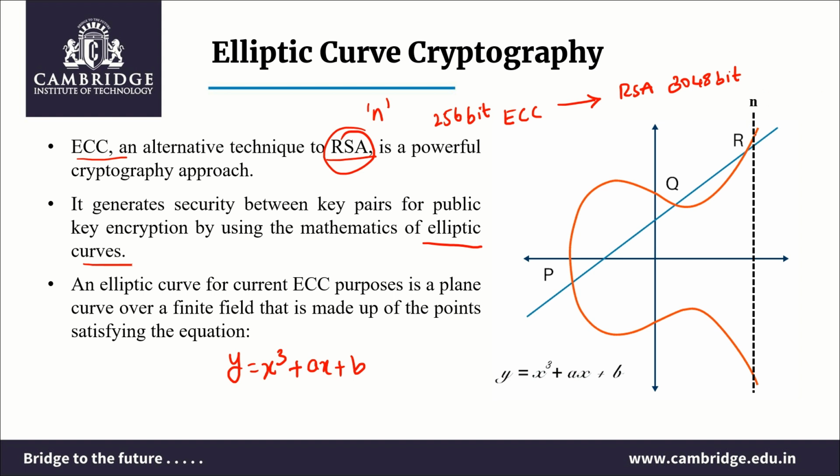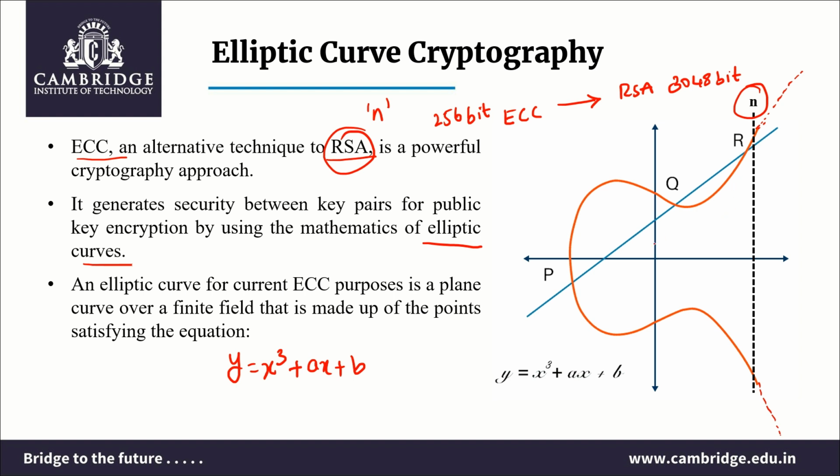This curve is symmetric on both sides, and it extends infinitely at both ends, but we are restricting ourselves to a finite field.